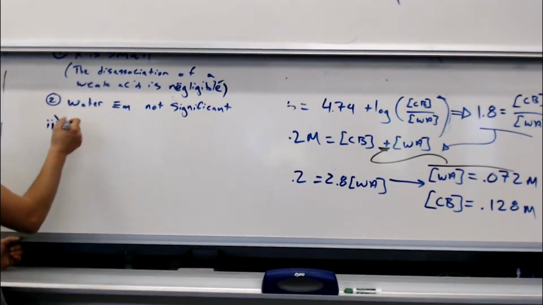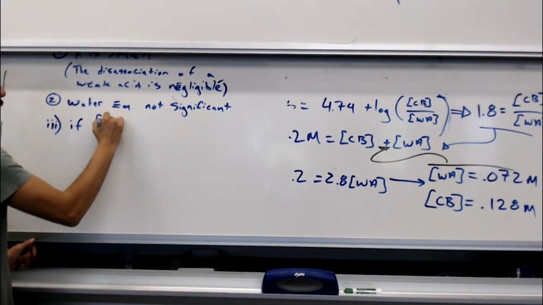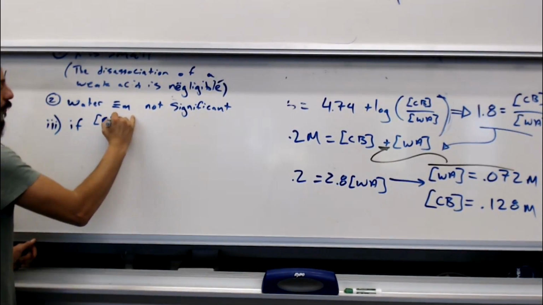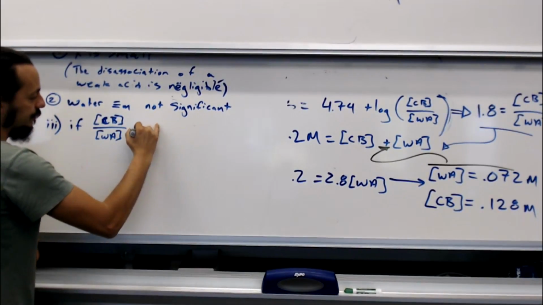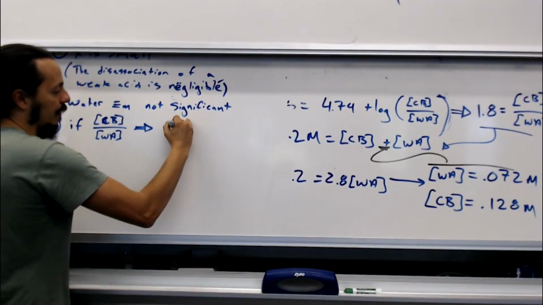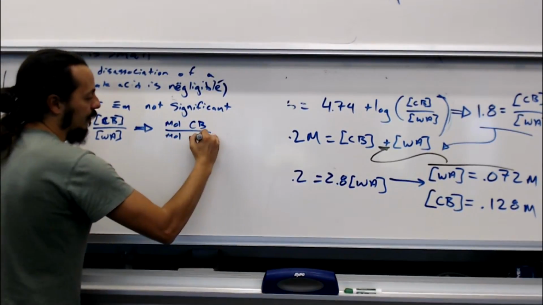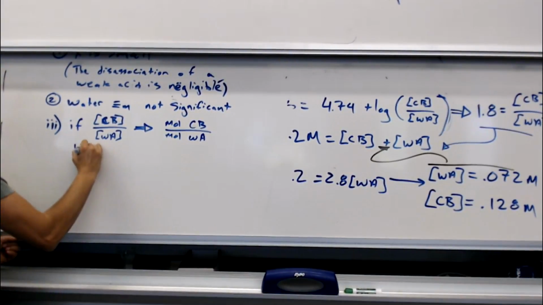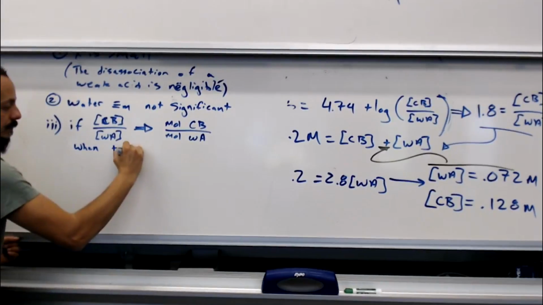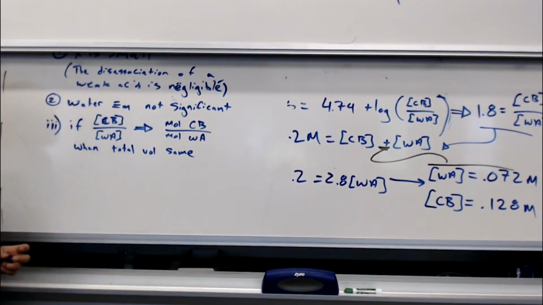The first trick was that if you have a ratio of concentrations, then you can just convert it to the moles when the total volume of each solution is the same.